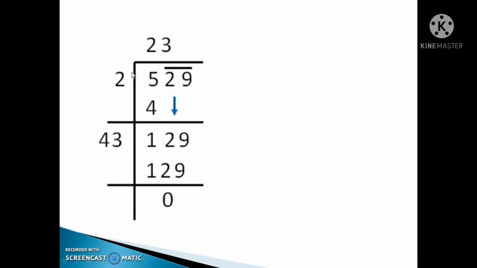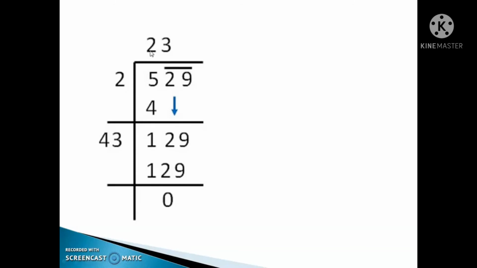The number which you write here and at the top should be the same. Students, make sure that the number which you write here and the first number which you write at the top should be the same.